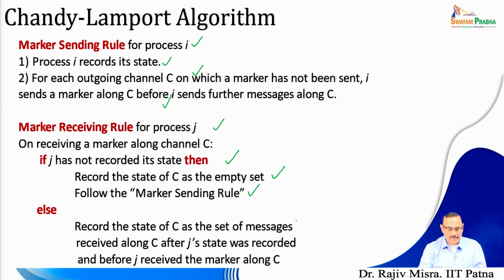Else record the state of C as the set of messages received along C after J's state was recorded and before J received the marker along C.